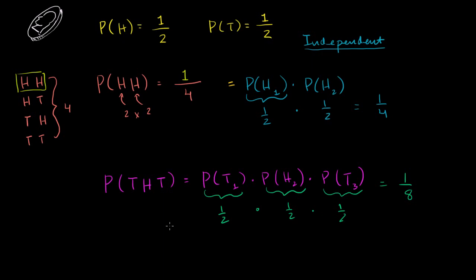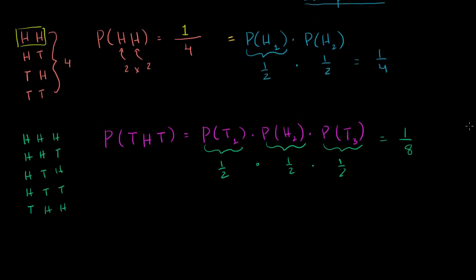And we can verify it. Let's try out all of the different scenarios again. So you could get heads, heads, heads. You could get heads, heads, tails. You could get heads, tails, heads. You could get heads, tails, tails. You can get tails, heads, heads. This is a little tricky sometimes. You want to make sure you're being exhaustive in all of the different possibilities here.